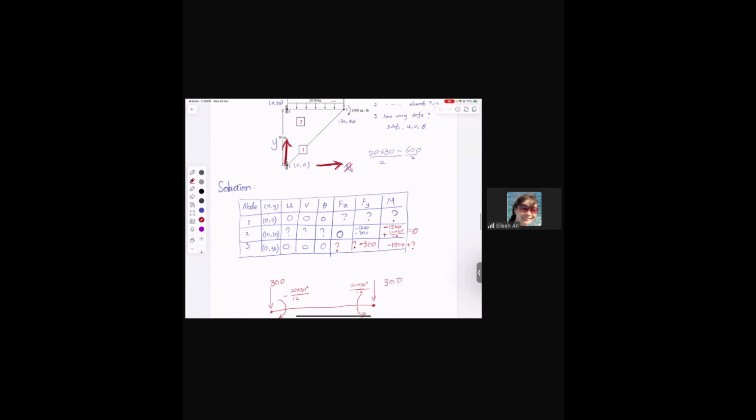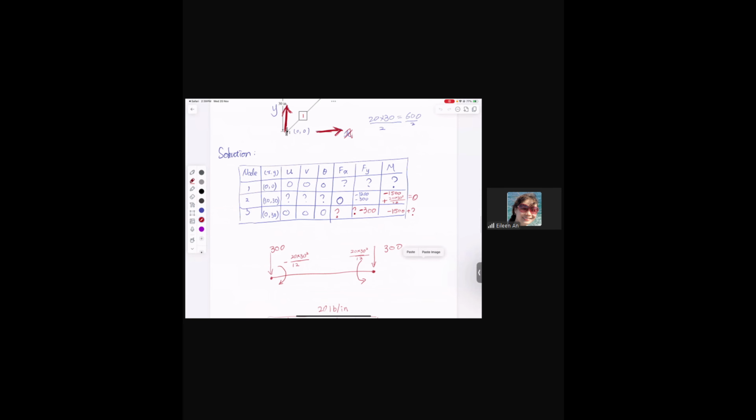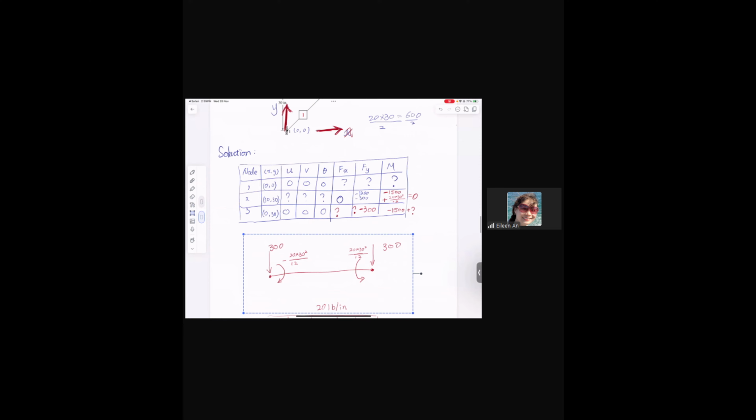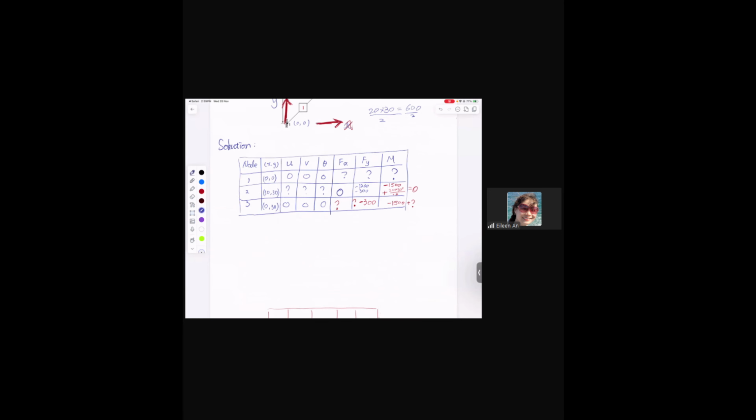Okay, now we can write down the displacement and force, right?